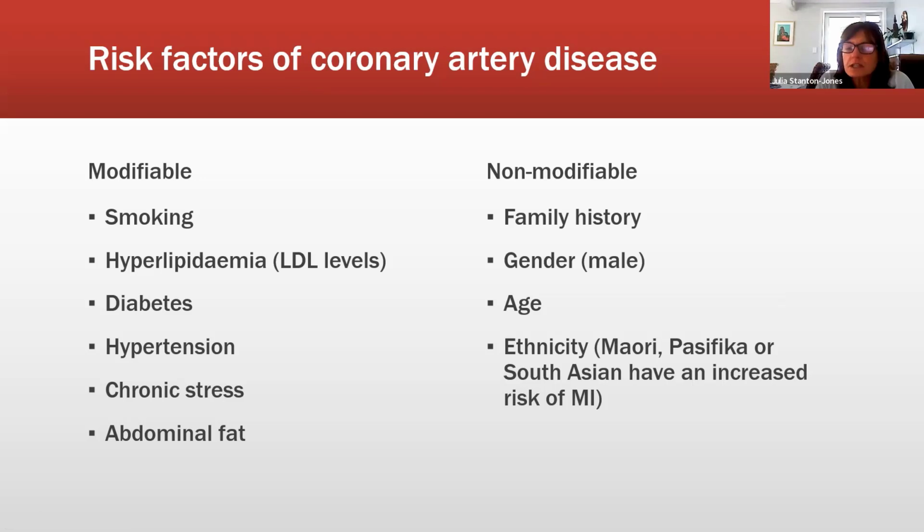So are these all just genetical factors, and have they identified a genetical correlation? If you have a family history of coronary artery disease, stroke, then you are more likely to also suffer from these conditions. So that's where the genetics comes in, as your history and also your ethnicity.